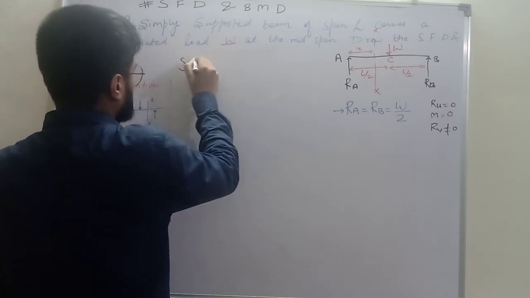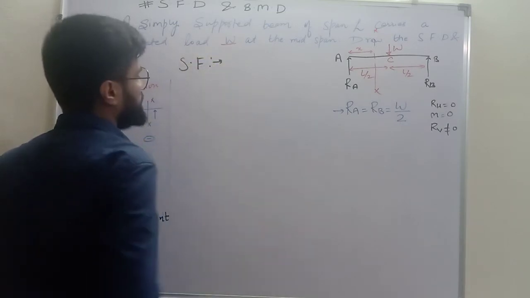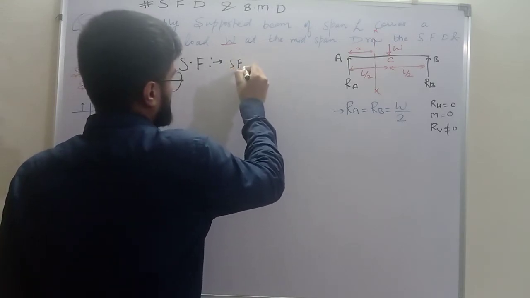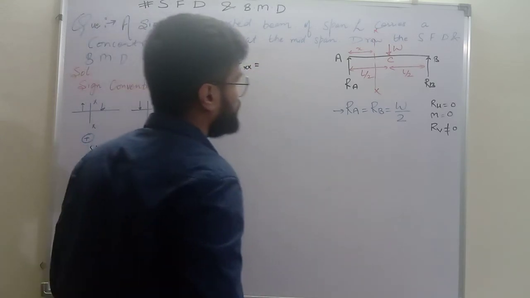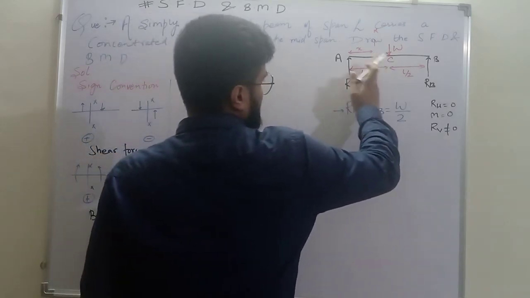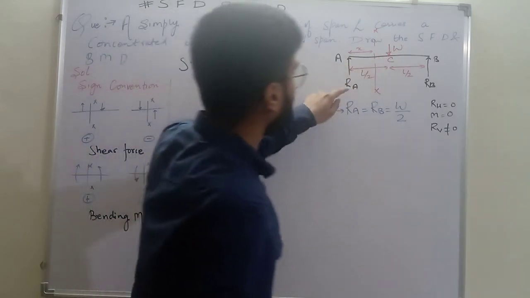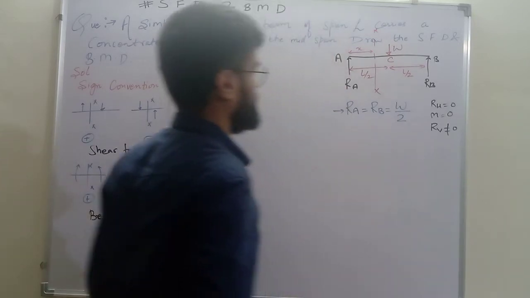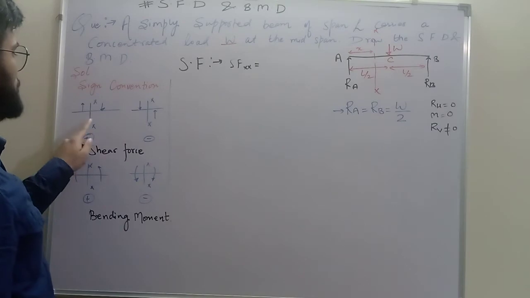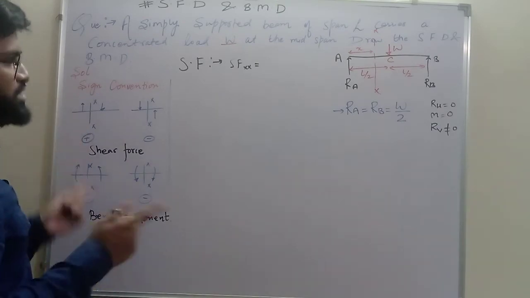So what will be the shear force at section XX? On the left side of the section there is only one force, which is acting in the upward direction. According to the convention, if the load is acting on the left side of the beam in the upward direction, we take it as positive.